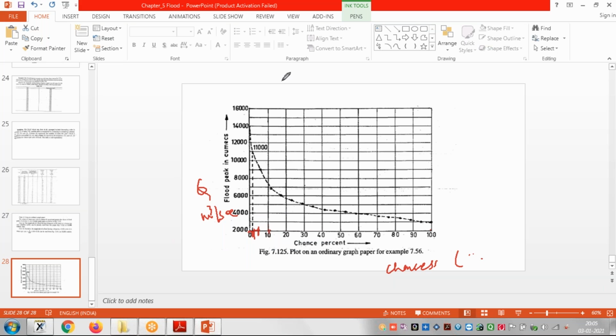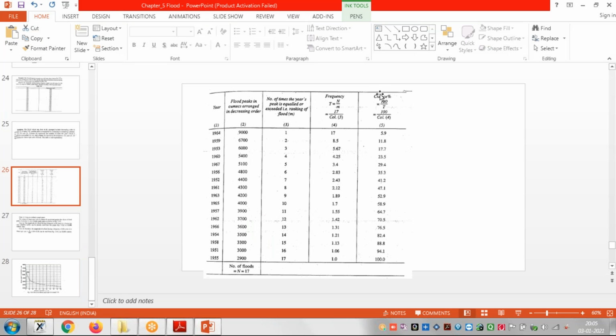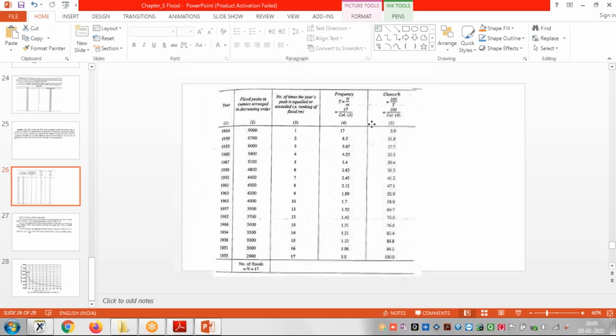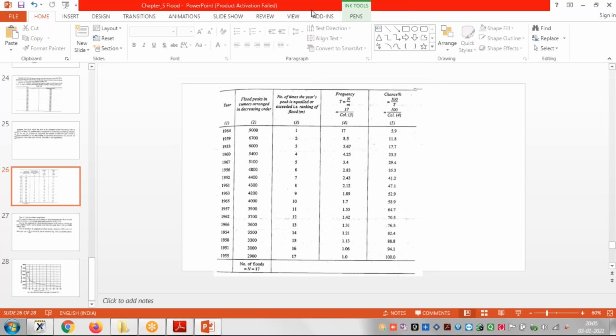That value is the chance percentage, 1.25, which they have taken on the x-axis. So where is 1.25?